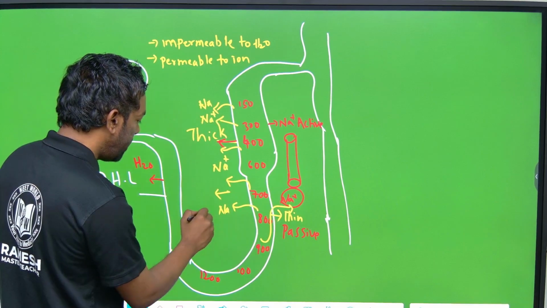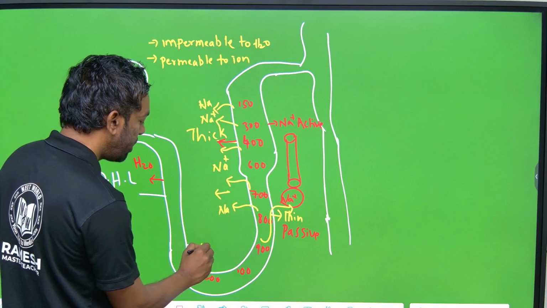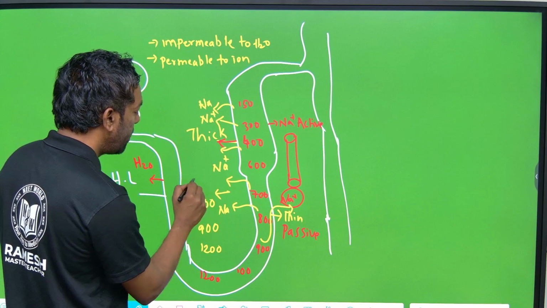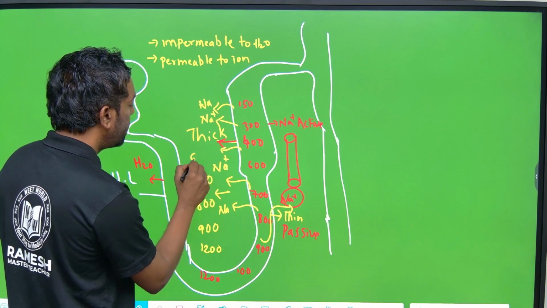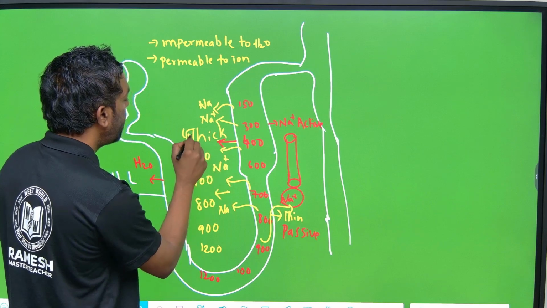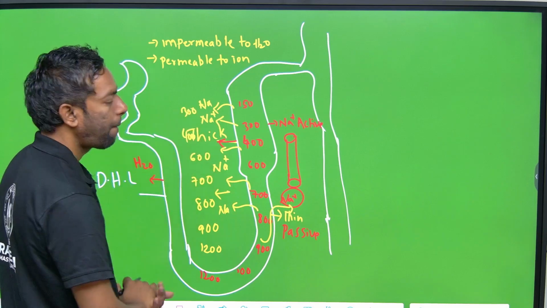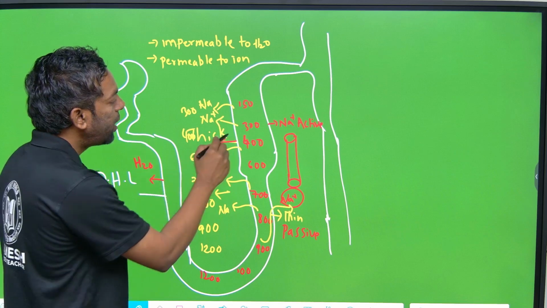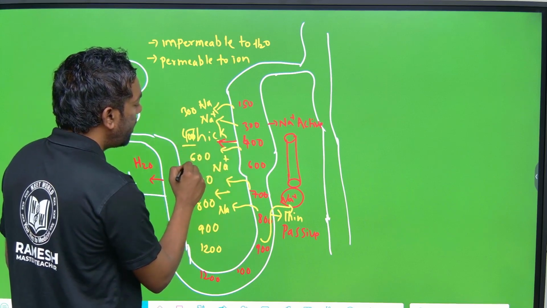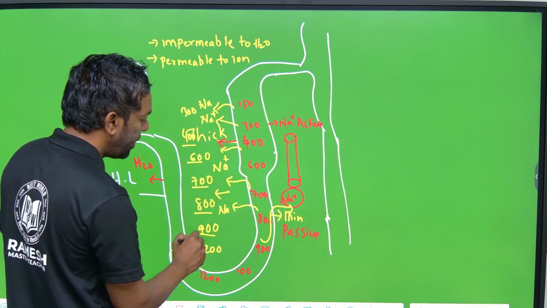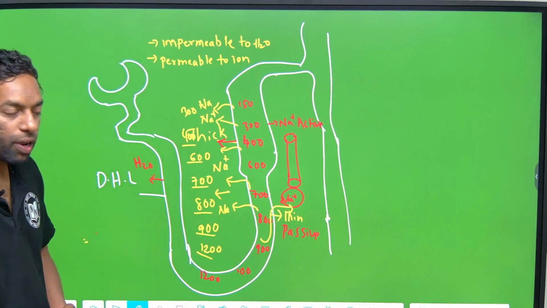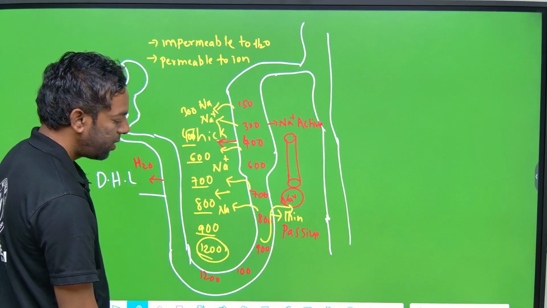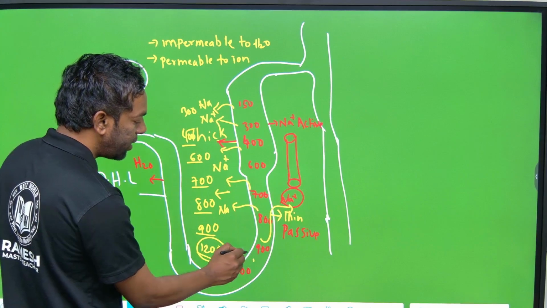This is the interstitial fluid concentration: 1200, 900, 800, 700, 600, 400, 300. Just look into this. Here 400, here 600, 700, 800, 900, 1000, 1200. If 1200 ions are there, it is satisfied.